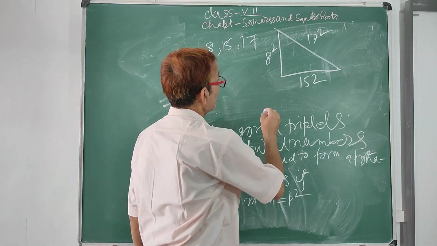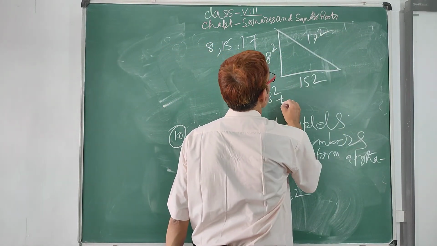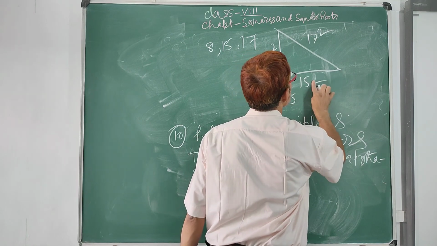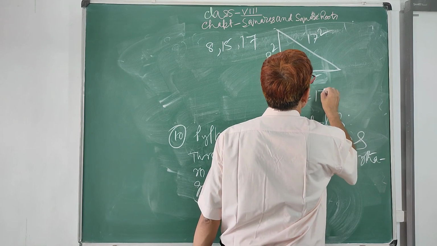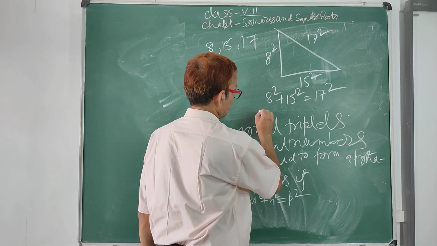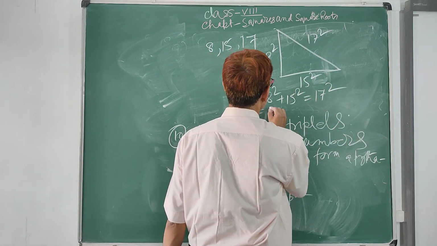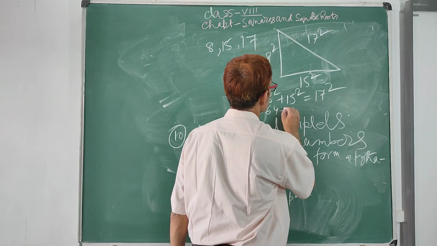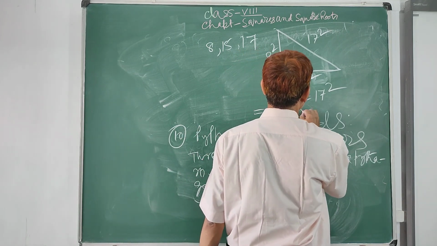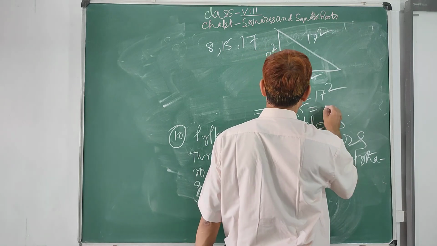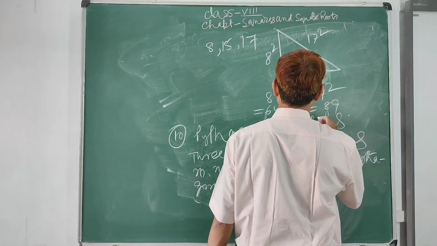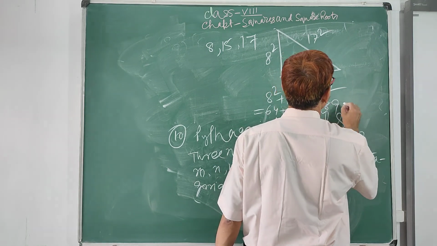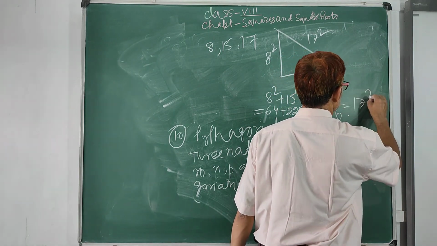Means 8 square plus 15 square, this is equal to 17 square. This is equal to 64 plus 225, which is equal to 17 square.